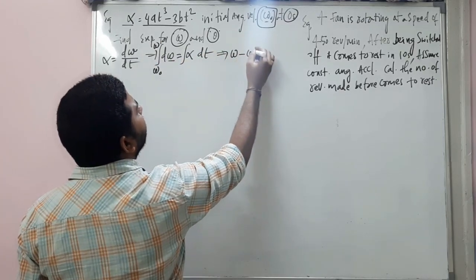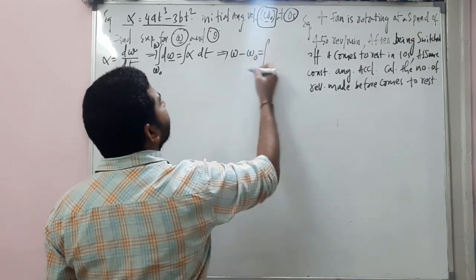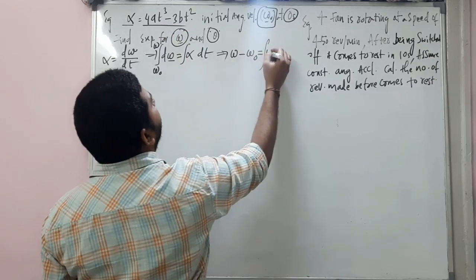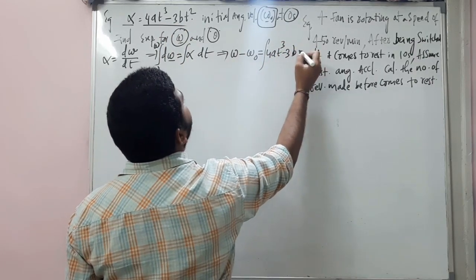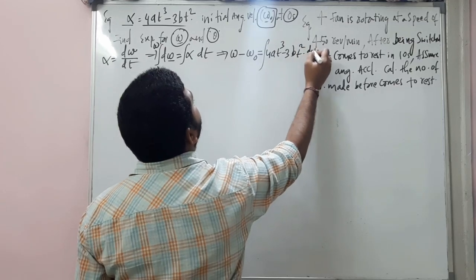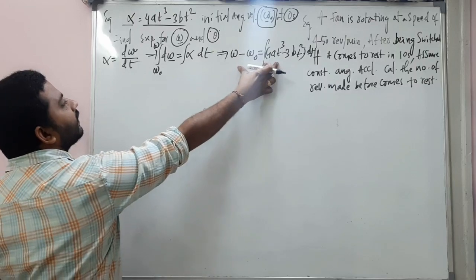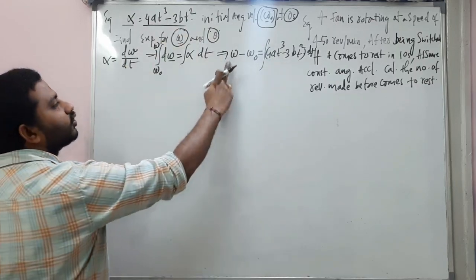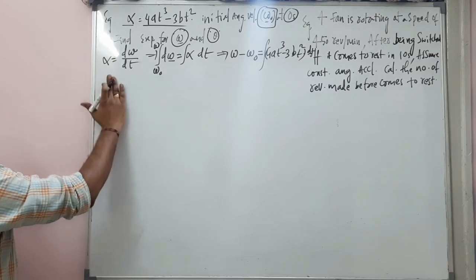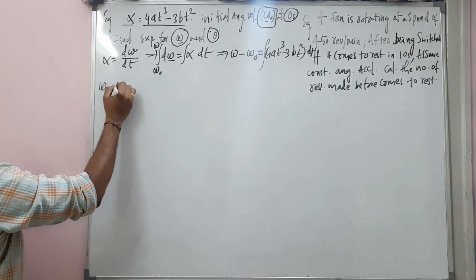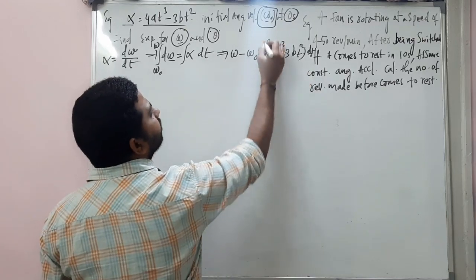So omega minus omega naught is equal to the integral of alpha, and alpha is 4at cube minus 3bt square, into dt. We need to find this omega. Omega minus omega naught, the time limit is 0 to t.